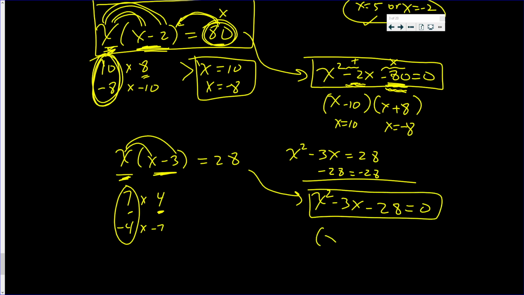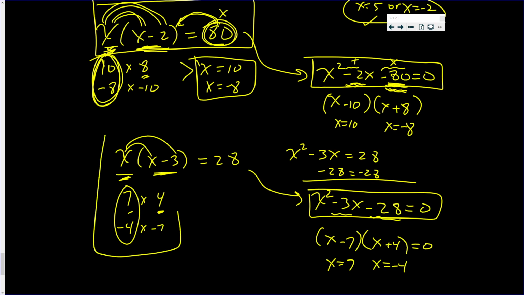Then you ask yourself, for two numbers that multiply out to -28, but add up to -3. The answers are -7 and +4. x equals 7, x equals -4. Do not FOIL this out. I don't think it's beneficial.